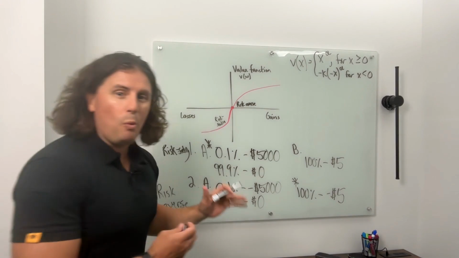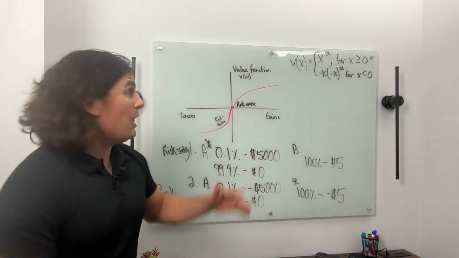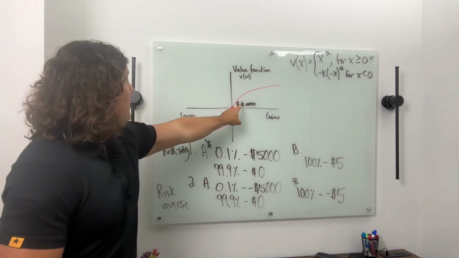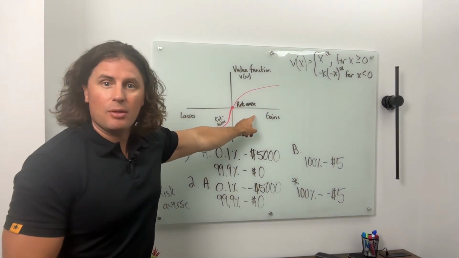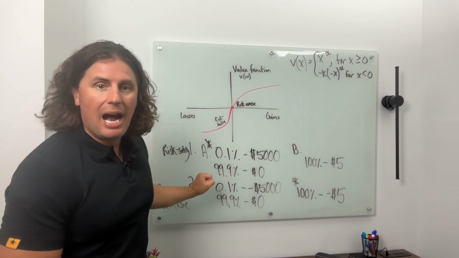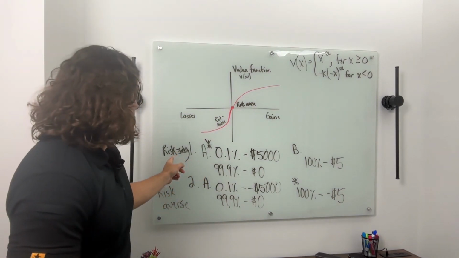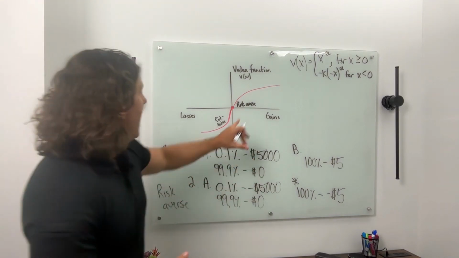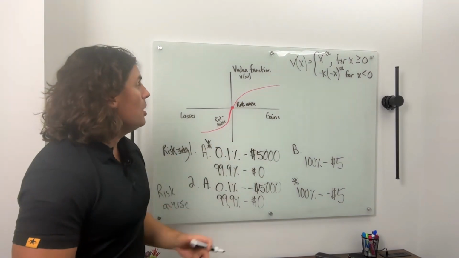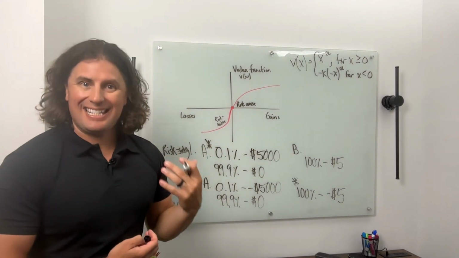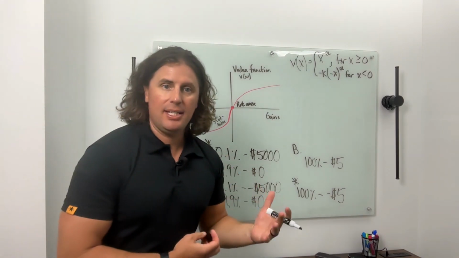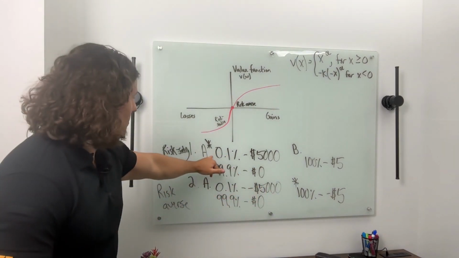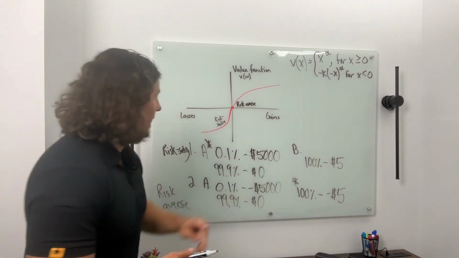So now we just said in the last video, and it's written above here, in general, for gains, we are risk averse. However, when we have a low probability for a high gain, at some point over here, we become risk seeking. We become risk seeking when there are low probabilities for a high gain.